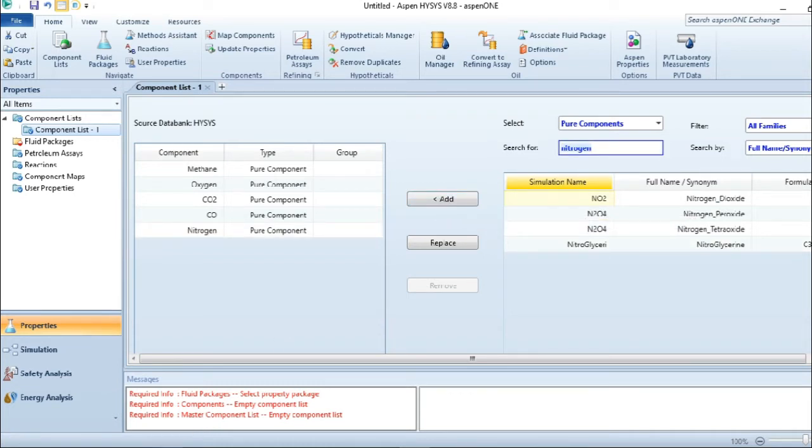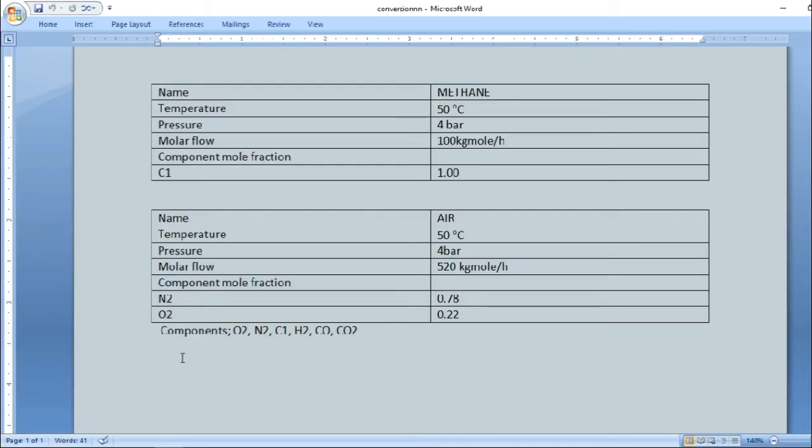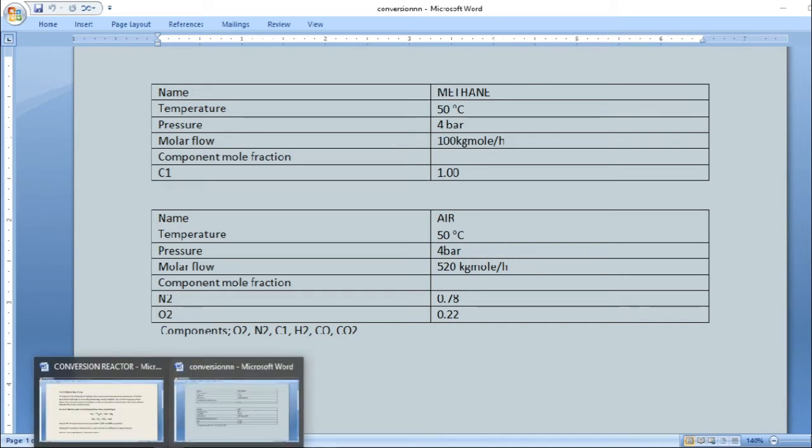Let's check back the components: I have oxygen, nitrogen, methane, carbon monoxide, carbon dioxide, but I have to insert hydrogen.